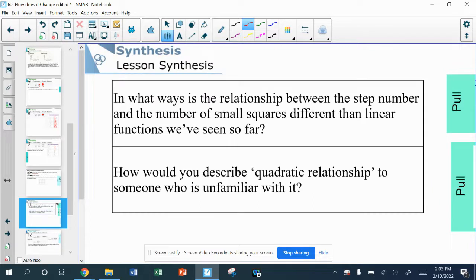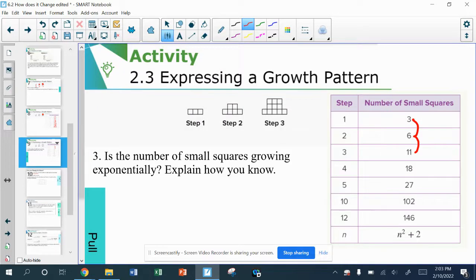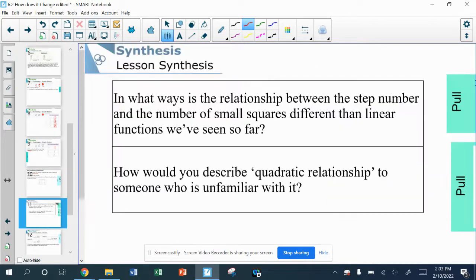Okay, so right now, I want to think about the relationship between the step number and the number of small squares in some of these different patterns. So for instance, in this pattern, this is a different kind of growth than what we've looked at. This is clearly not a linear growth, and we even said it's not an exponential growth because it's not multiplying by something every single time. I've already kind of hinted at this.